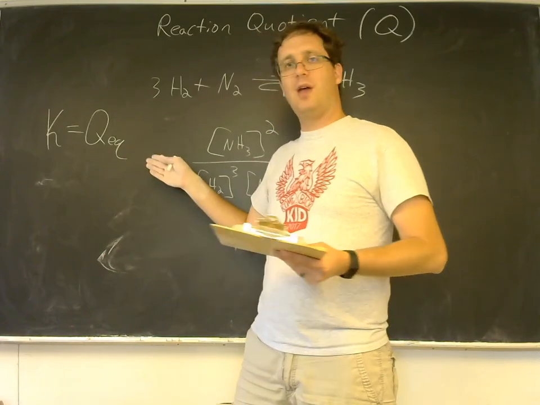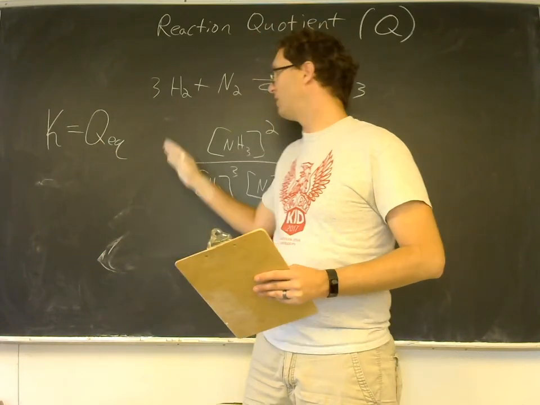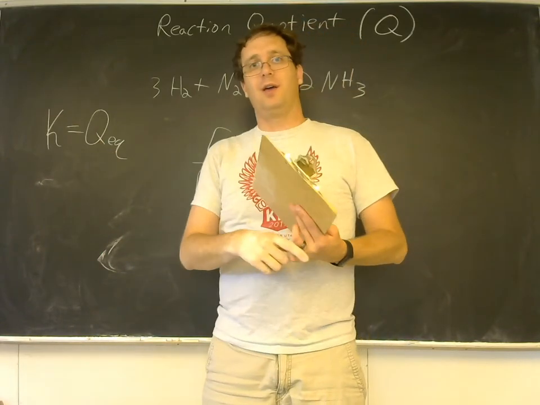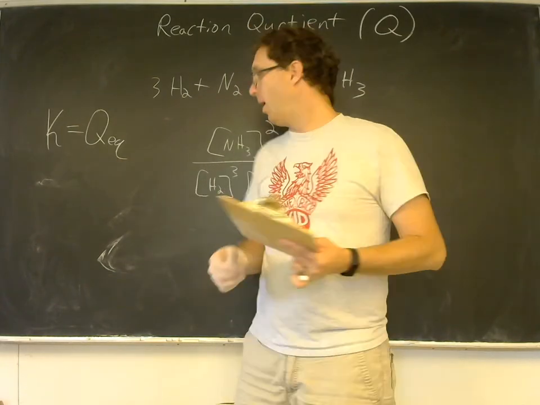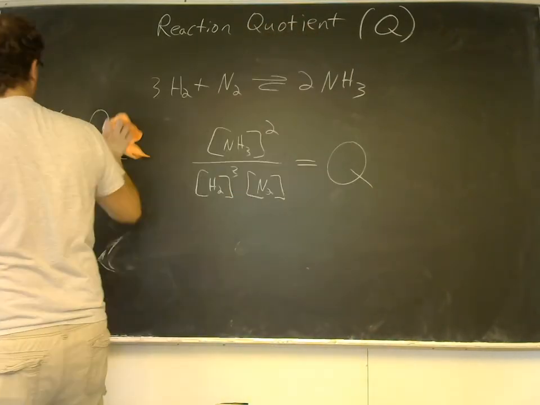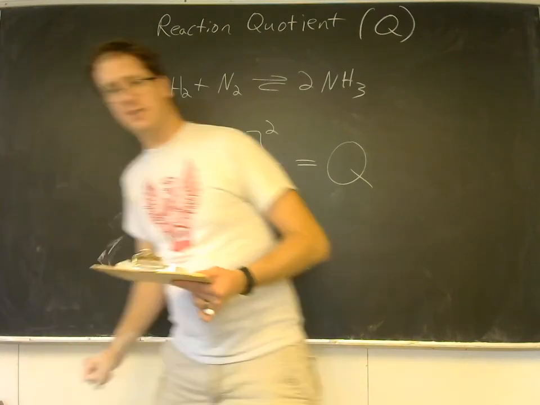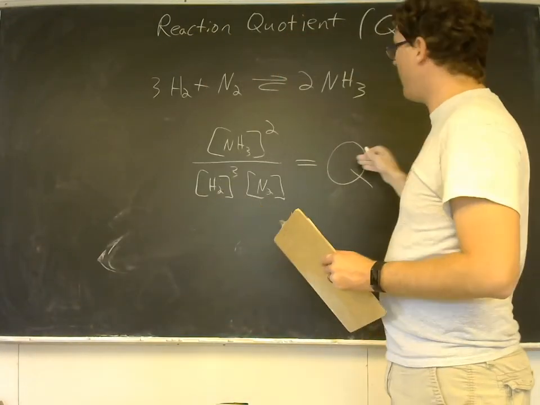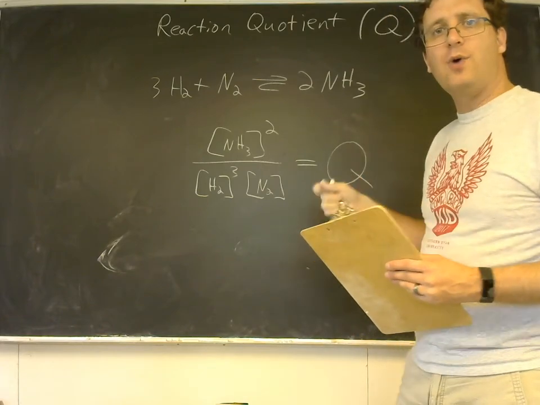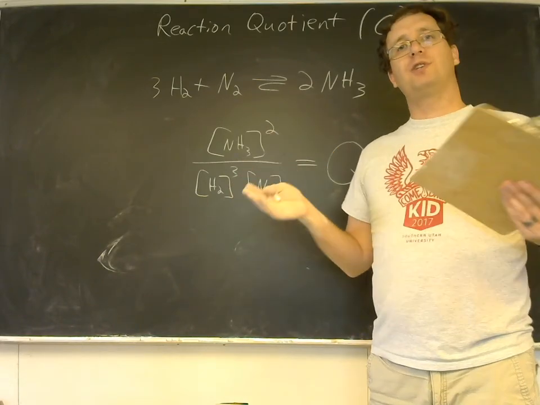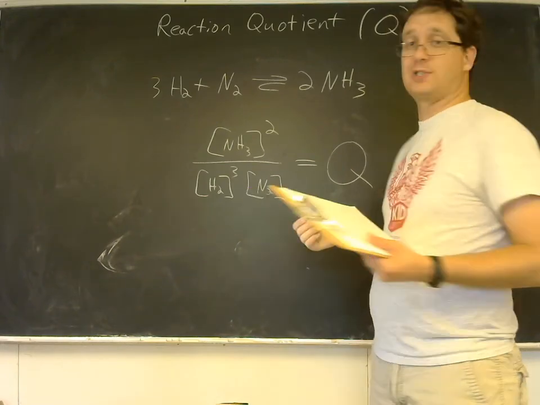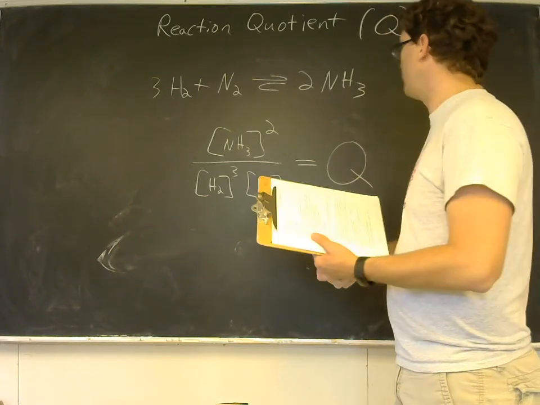And then under non-equilibrium conditions, Q can be whatever it is. Q can be large values, it can be small values. And the point is that by comparing Q to K, we can make a prediction about which direction the reaction is going to proceed in order to reach equilibrium.